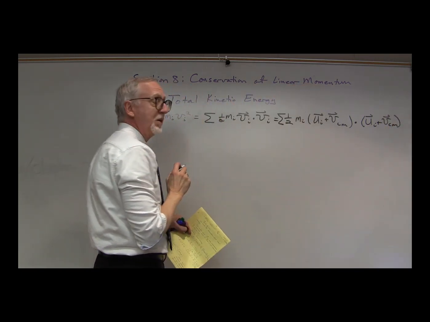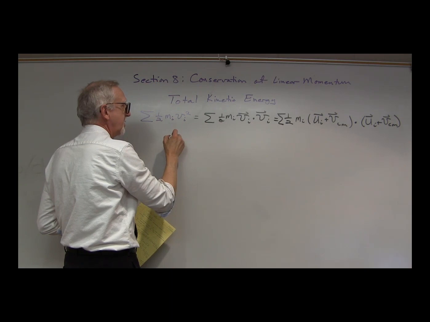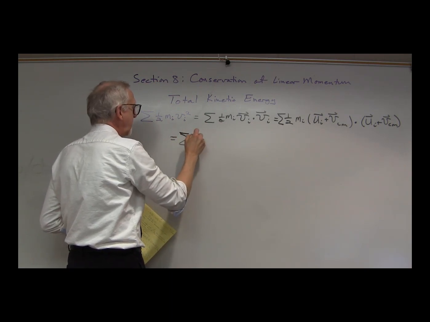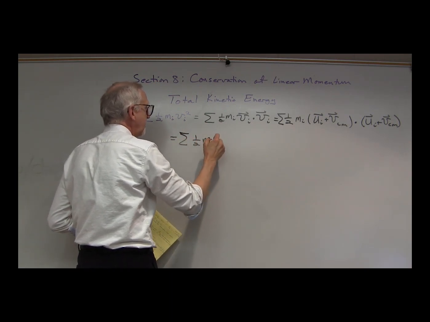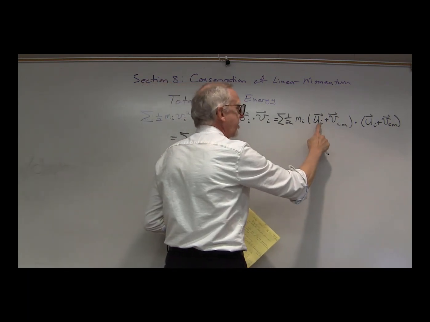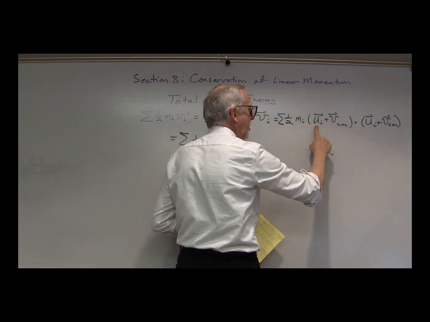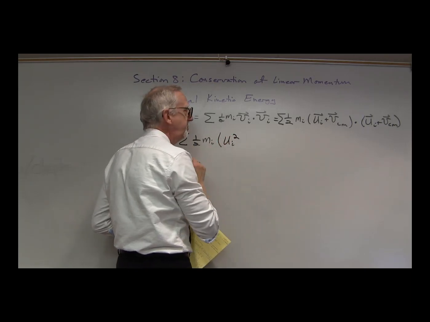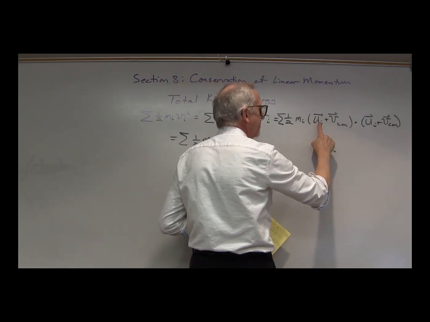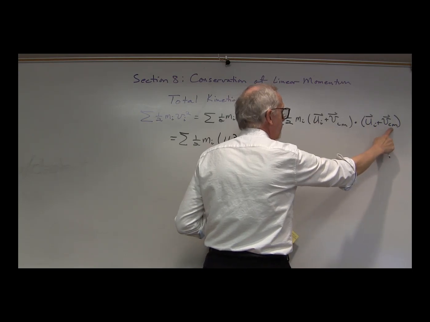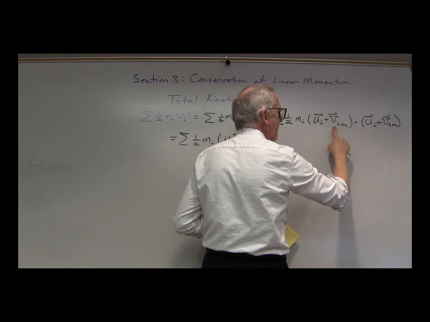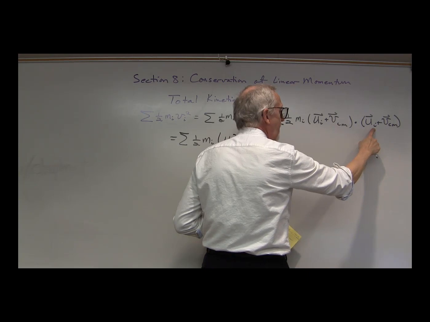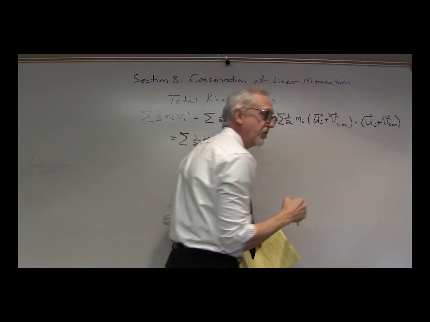And then what do we get when we dot those together? We're going to get the sum of 1/2 m_i. We're going to take the dot product of the first into the first, so u_i dotted into u_i, that's u_i squared. Then we'll take u_i dotted into v_cm, and then plus v_cm dotted into u_i, but the order doesn't matter, so it's going to be the same.